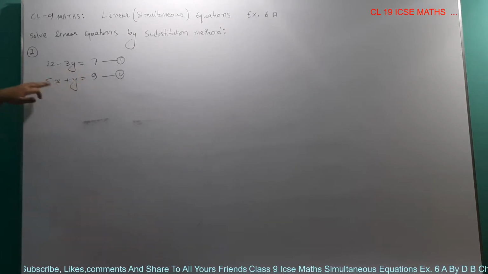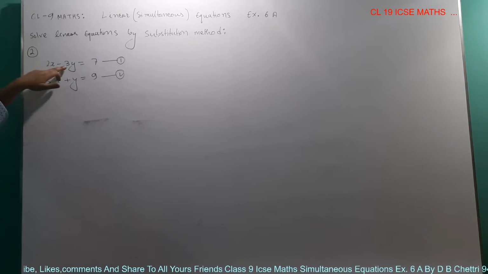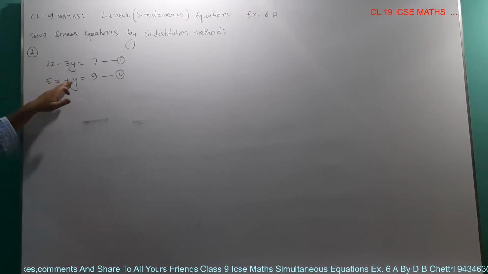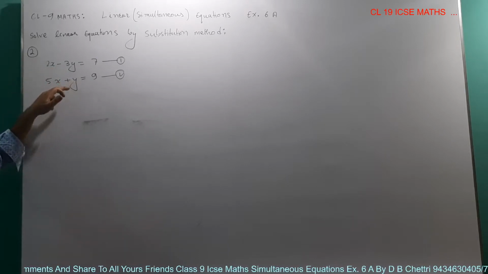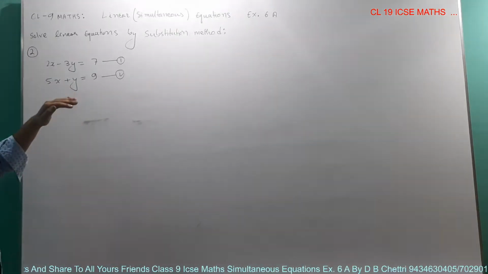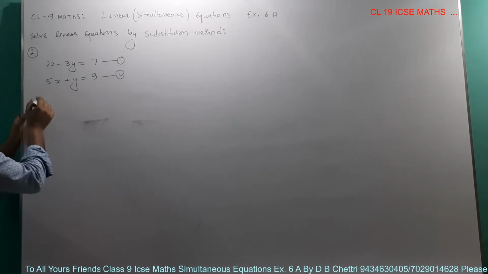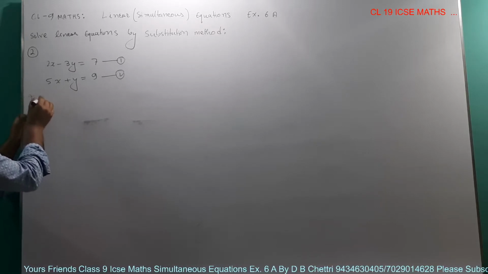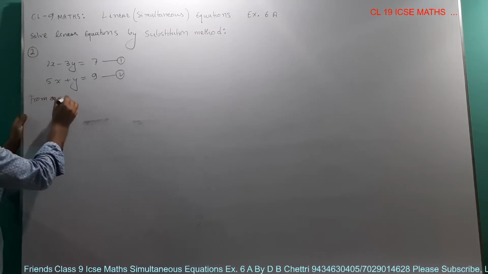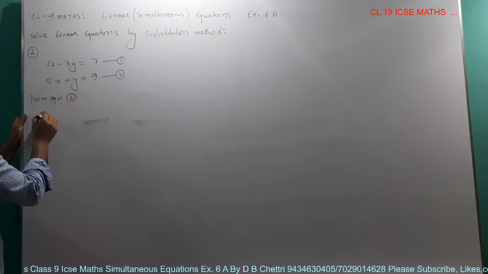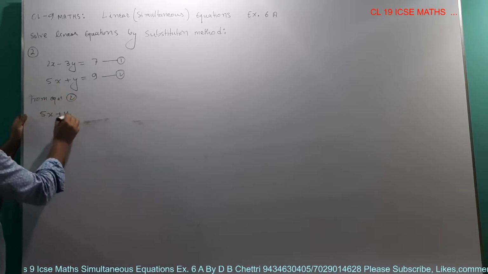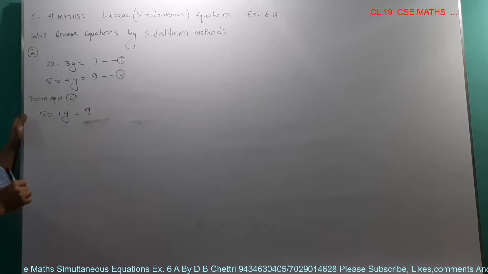Now just choose the equation. The coefficients are 2, 3, 5, and there is a coefficient of 1. That means it is better to use the second equation. So from equation 2: 5x plus y equals 9.